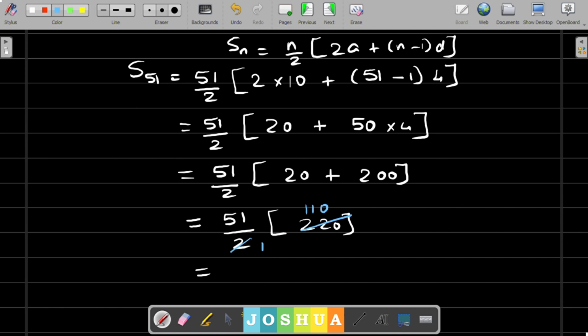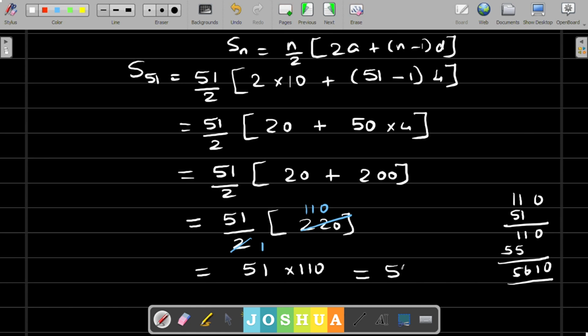Therefore the next step is 51 into 110. Keep the 0 as it is and multiply separately. 1 times 1 into 1, again 1. 5 ones are 5, 5 ones are 5. So 0, 1, 6, 5. The answer in this case is 5610.